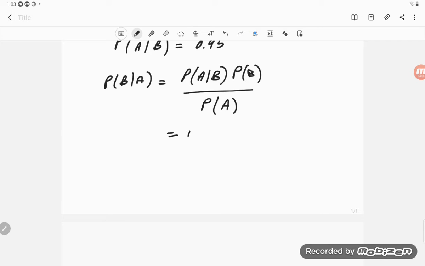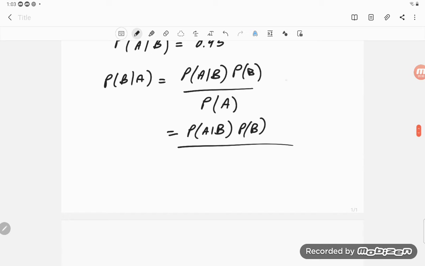And so what we would do, as in the previous video, is use B and B complement as our disjoint sets to come up with A. We would have our P of A given B times P of B, plus P of A given B complement times the probability of B complement.